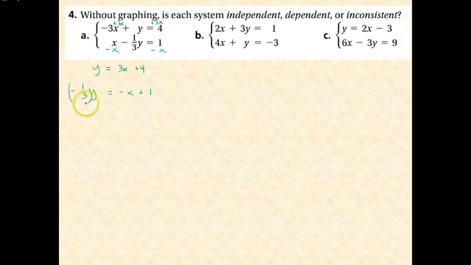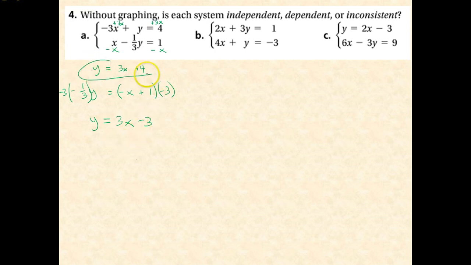Then to get y by itself, I need to multiply by the reciprocal of negative 1/3, which is negative 3. So I multiply the left side of the equation by negative 3, and the right side by negative 3. Negative times negative is positive. 3 over 3 is 1, so I just get y over here. Negative 3 times negative x is positive 3x. Negative 3 times 1 is negative 3.